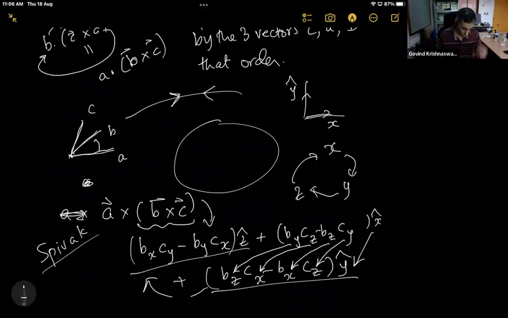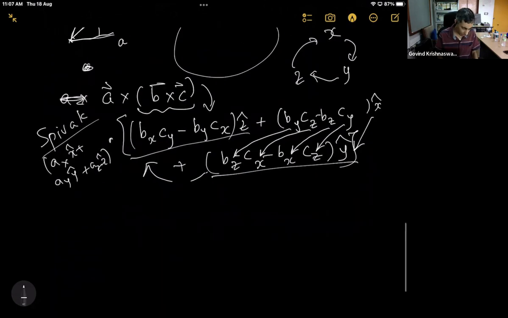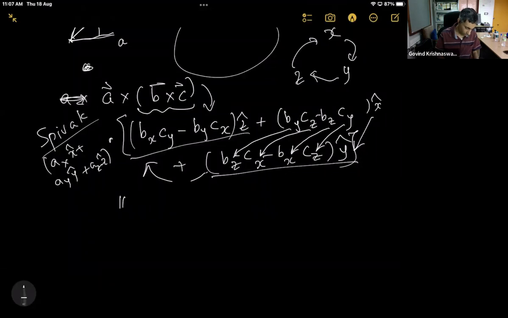Now, that is the formula for the cross product, and then I want to dot that with A, which is AX X hat plus AY Y hat plus AZ Z hat. So you will get an expression which is simply AX times, now only the diagonal terms will contribute, because X dot Z is 0 and only X dot X is 1.